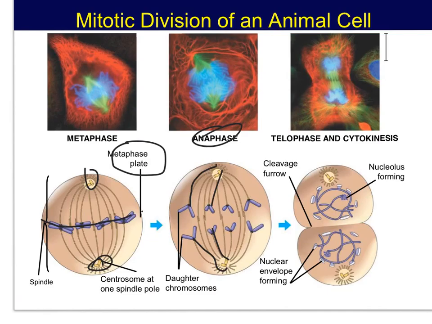And then finally, during telophase and cytokinesis, each cell has a complete set of chromosomes. There's this cleavage furrow that we see right there, and the nucleolus and the nuclear membrane are forming. And then you're going to end up with two daughter cells.